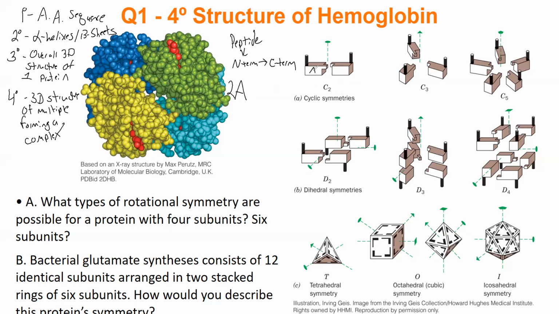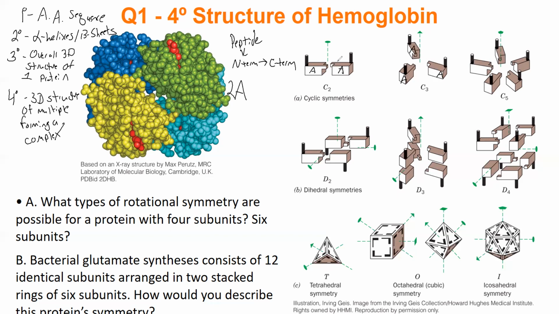So this could be an A, and this could be an A. If there were 3 proteins, the only way they could form is in this C3 symmetry, A, A, A.